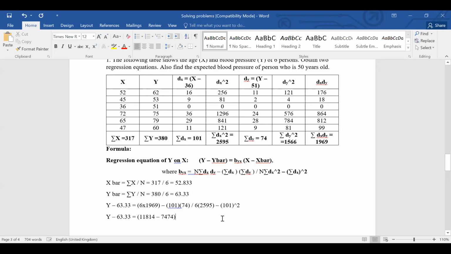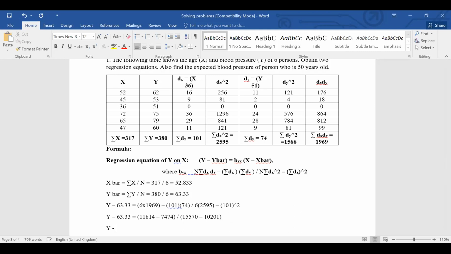And then divided by, what is 6 into 2,595? 15,570. Minus 101 into 101, which is 10,201. This is the denominator value. Now you can find out and tell me the answer.